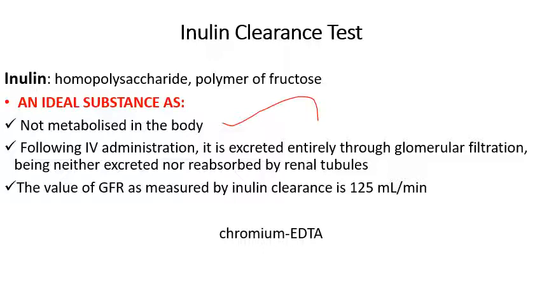The value of GFR as measured by inulin clearance is 125 ml per minute. Another substance which we can use for the clearance test is chromium EDTA, which is also not metabolized by the human body. So the best is inulin clearance.